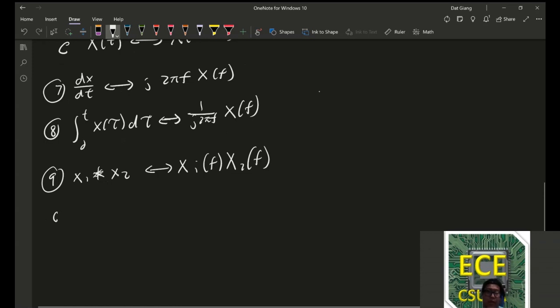And due to the duality of convolution, anytime we have x1 times x2 in the time domain, we have that as a convolution in the frequency domain. This property is especially useful later on for understanding the modulation theorem. And that's all the important Fourier transforms that we care about.